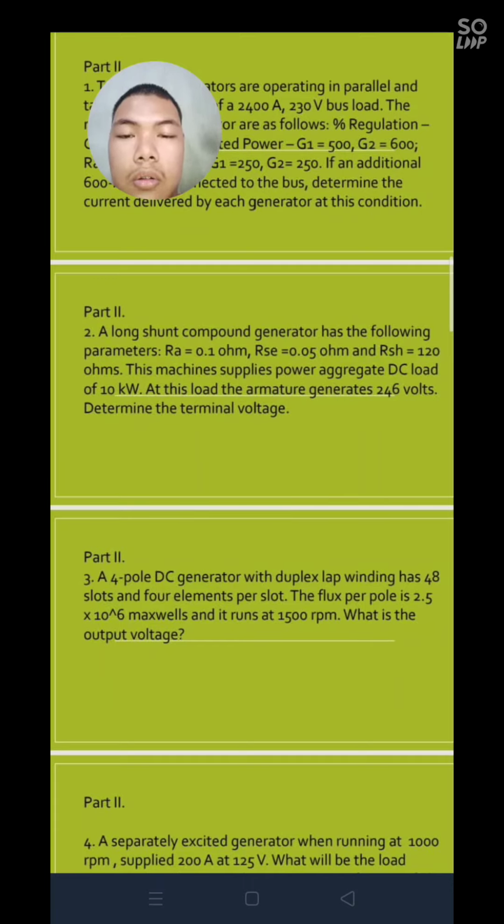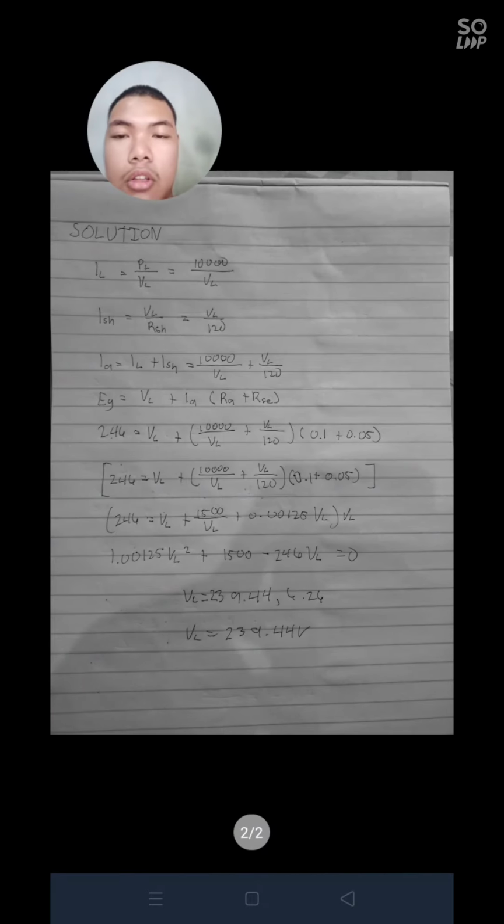At this load, the armature generates 246 volts. Determine the terminal voltage. So we have the formula IA equals IL plus ISH. First we need to find the IL and the I shunt. So find the IL first.